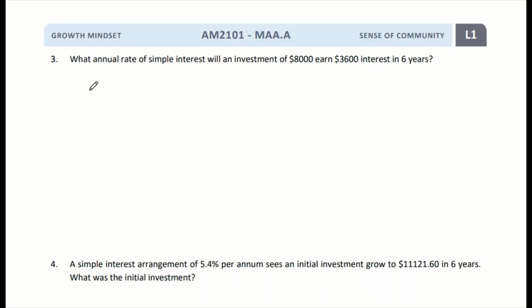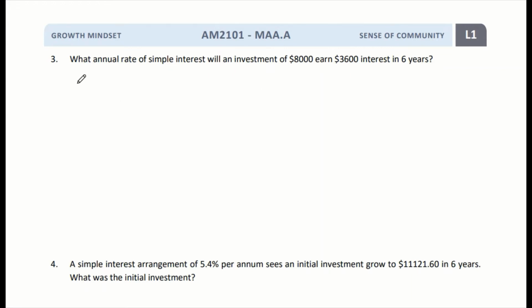What annual rate of simple interest will an investment of 8,000 need to earn 3,600 interest in 6 years? In this case, you can try to use the symbols that we have used previously and denote them, then it will be easier for your solving. We know that the investment of 8,000 earns 3,600 of interest in 6 years.